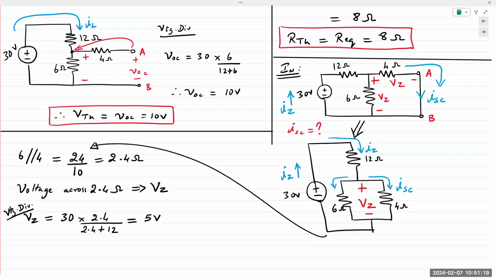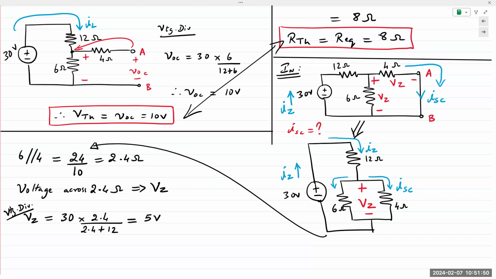Oh, even before that, side step. We had VTH as 10 volts and we found RTH as 8. If you apply Ohm's law, what do we expect our answer to be for Norton current? V equals IR. What is I? 10 divided by 8, 1.25 amps.